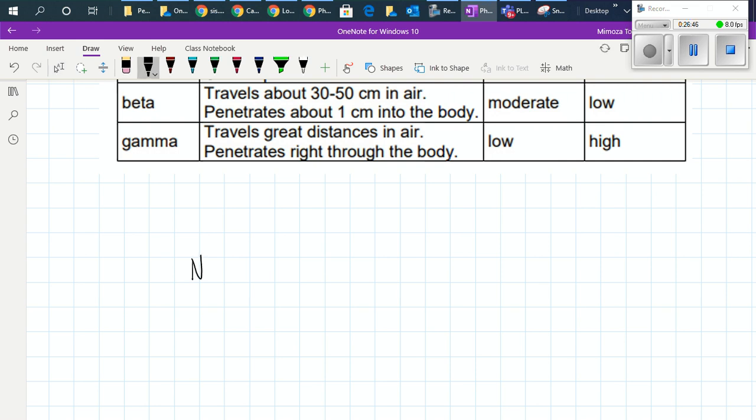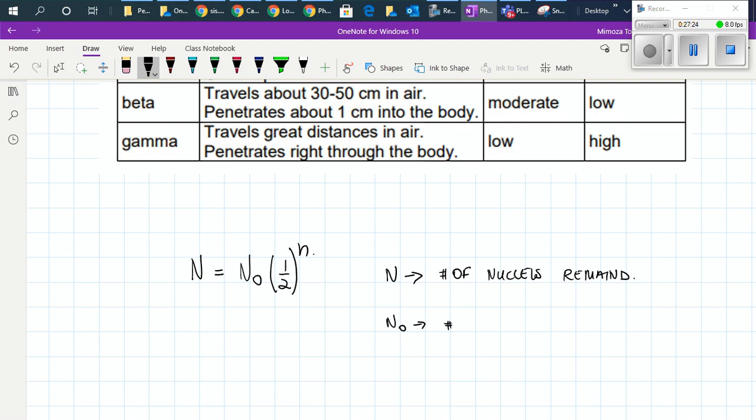So the function that governs the decay of an element is N equals N0 (1/2)^n, where capital N is the number of radioactive nuclei remaining, or mass remaining, or the material remaining.